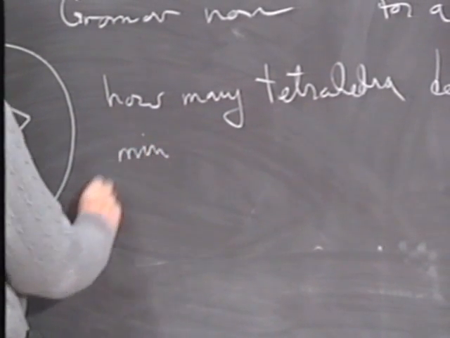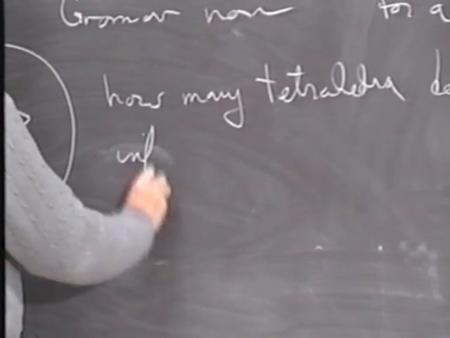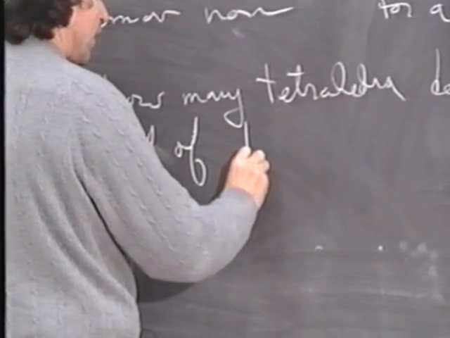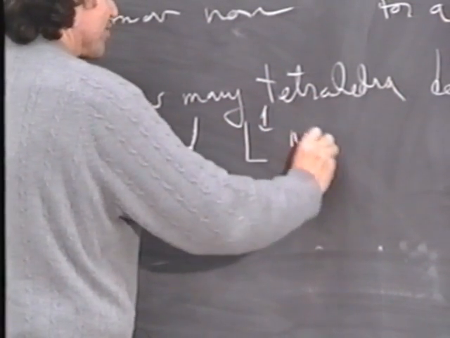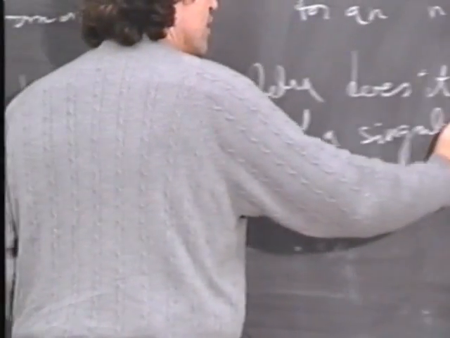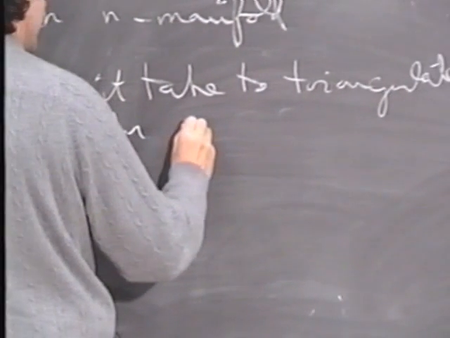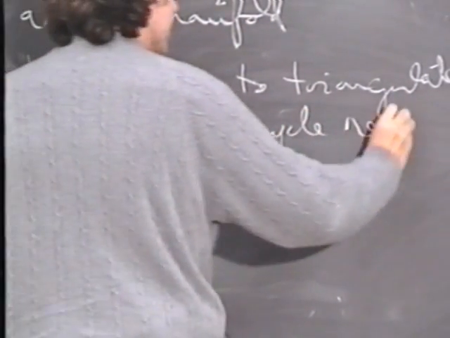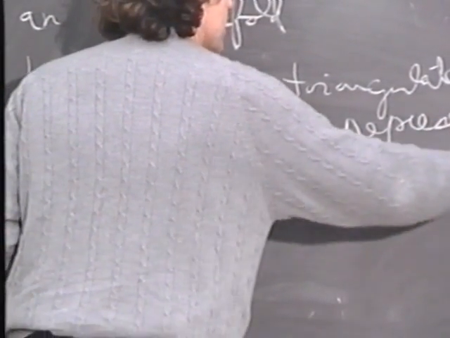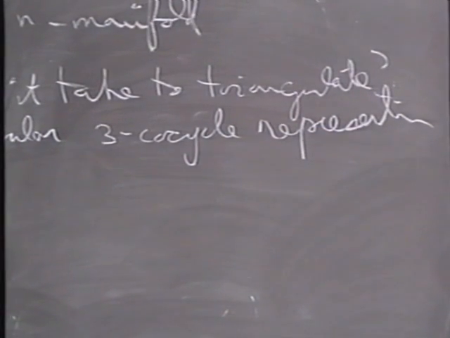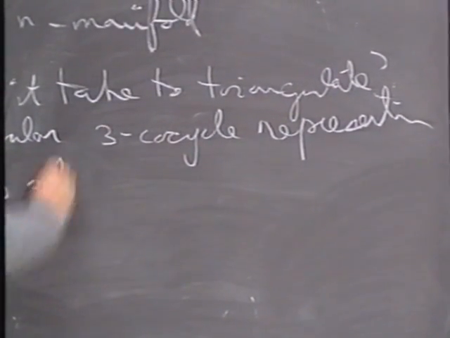One definition is you take the infimum of the L1 norm of a singular 3 cocycle representing the fundamental class of a three manifold.